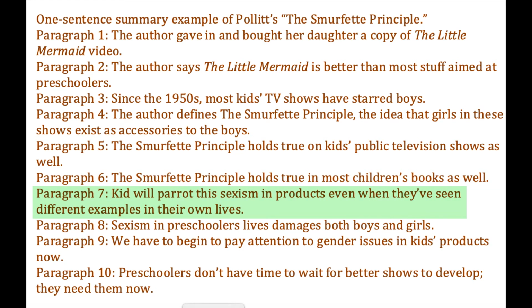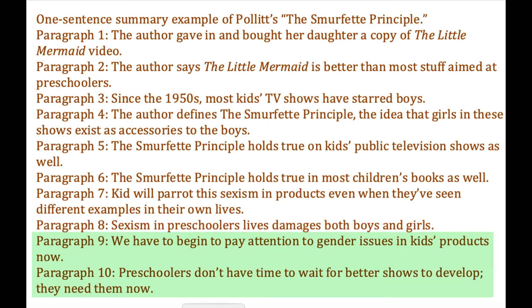Then paragraph 7, she starts to shift into why this is a problem. Kids will take this sexism and they will parrot that over even what they've seen in their own lives. Then she continues her argument by saying it damages both boys and girls. Paragraph 8.